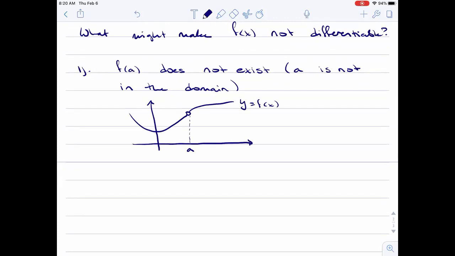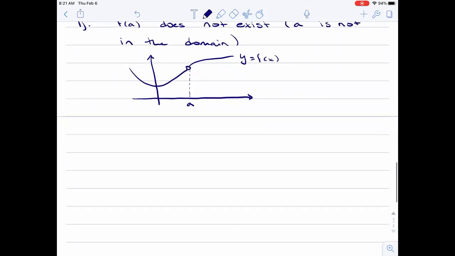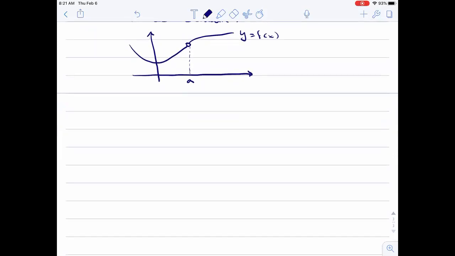There's a hole here. The limit here would exist, but if we're trying to put a tangent line here at a, there's this hole, and so the tangent line could go any way or no way, because there's no fixed way. So that's one way the derivative could not exist: if f of a is not in the domain. The second way is if we have a corner or a cusp.